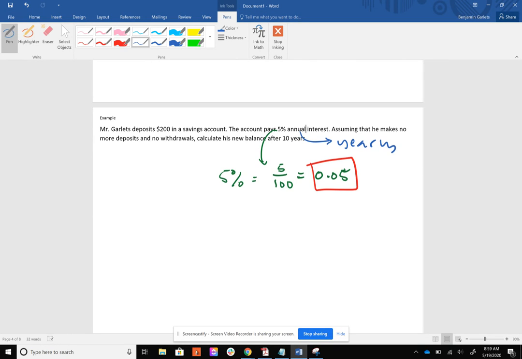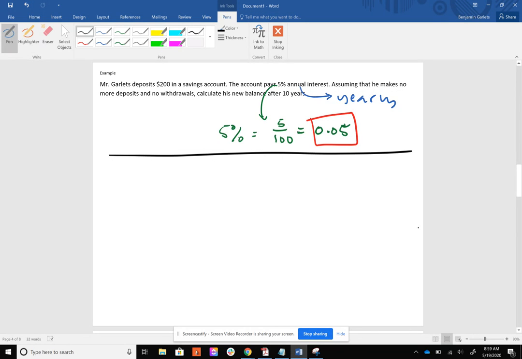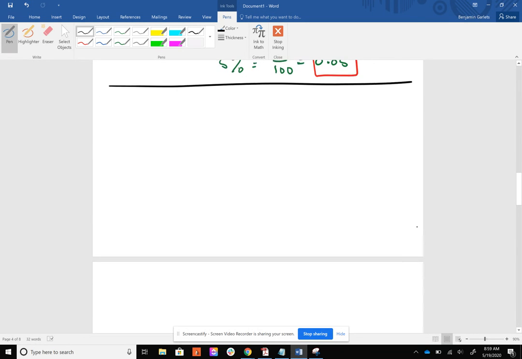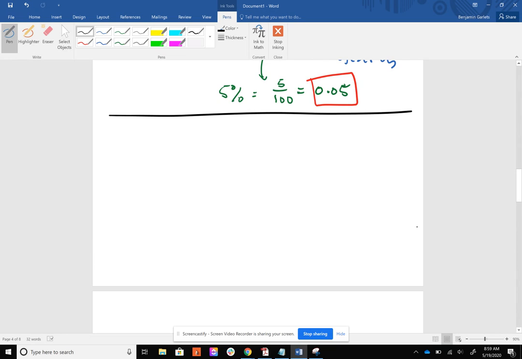So let's start off with kind of organizing this experience. And I want us to take a look at the two forms that we've looked at so far, which is expanded and exponential. So we have a starting balance, which is $200, right? $200.